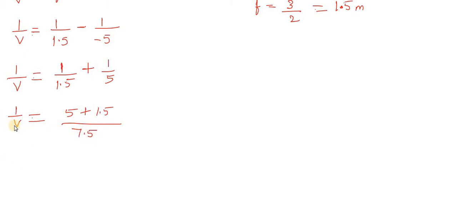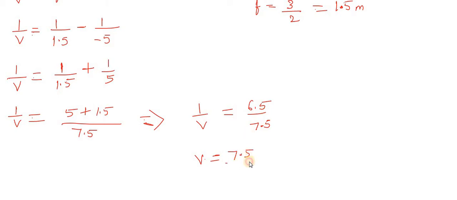This implies 1 by v is equal to 6.5 divided by 7.5. But we want v, so take the reciprocal. The 6.5 by 7.5 becomes 7.5 by 6.5.